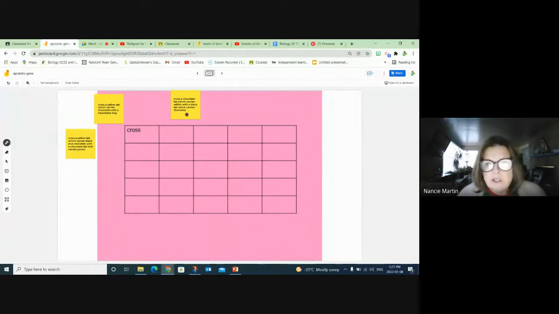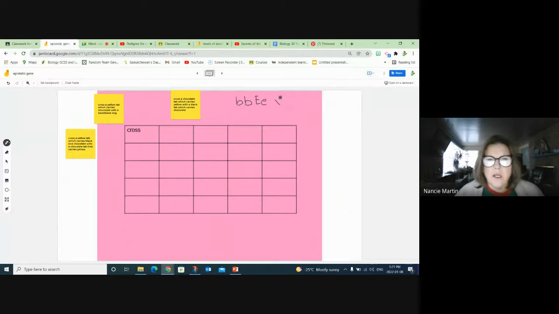So I'm going to cross a chocolate lab. So there's my chocolate lab, and it carries yellow. So it's not a yellow lab. So we know that it's heterozygous for the epistatic gene. And I'm going to cross that with a black lab that carries chocolate.